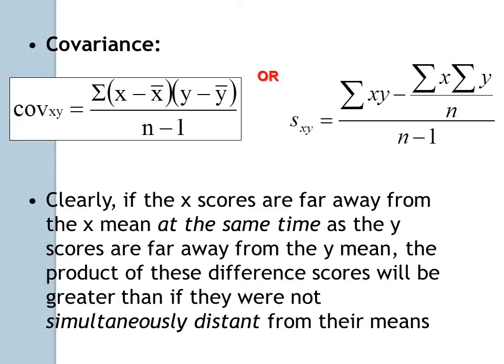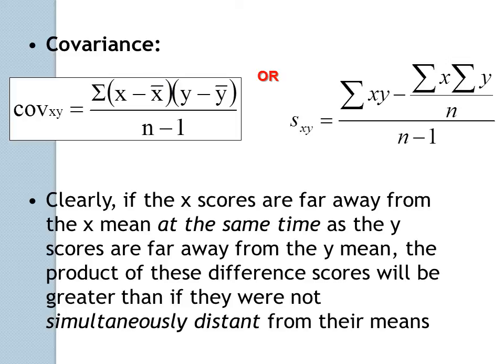We'll then do that for every single pair of data. We'll then add up all of those products of the differences together, and then we will divide it by n minus 1. Now, imagine that you've got a distribution of data and you are calculating the difference between each individual score and the mean for that variable.